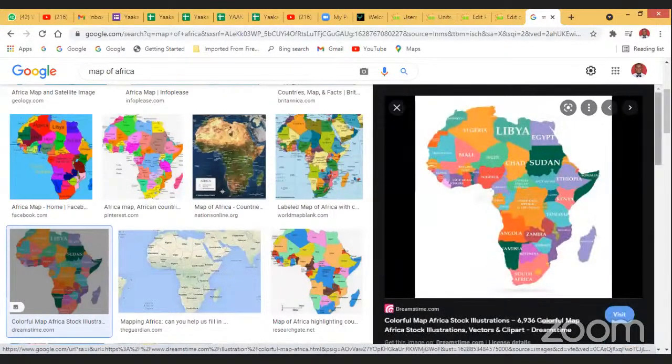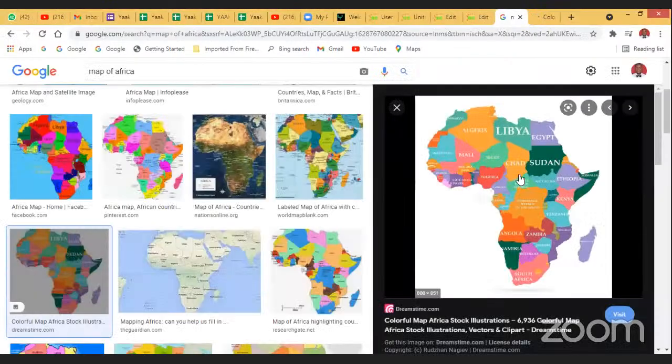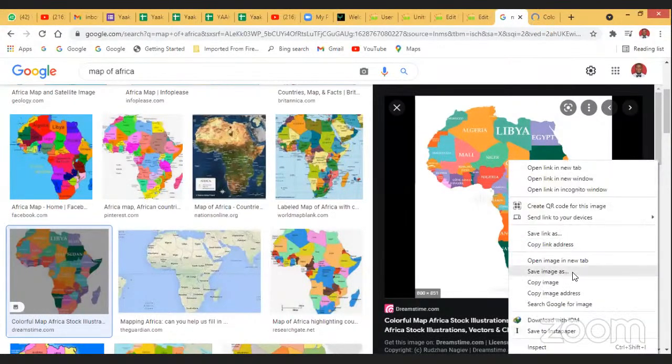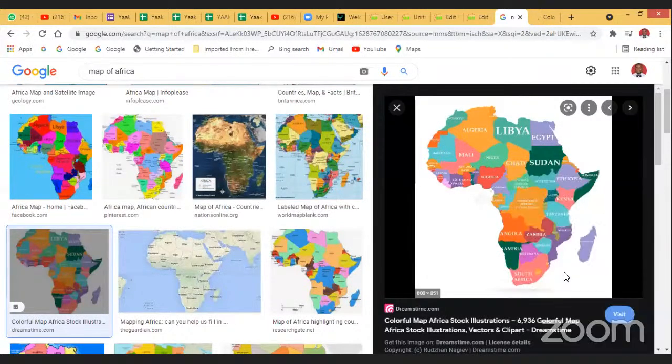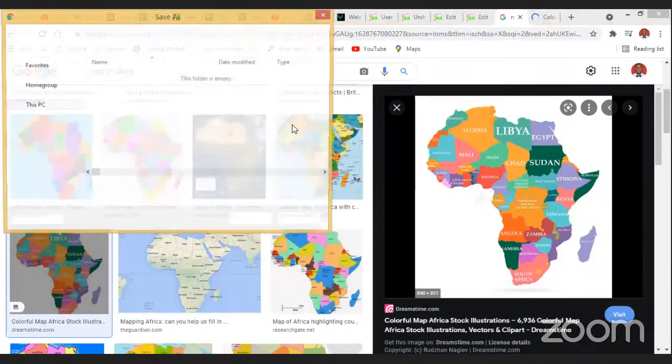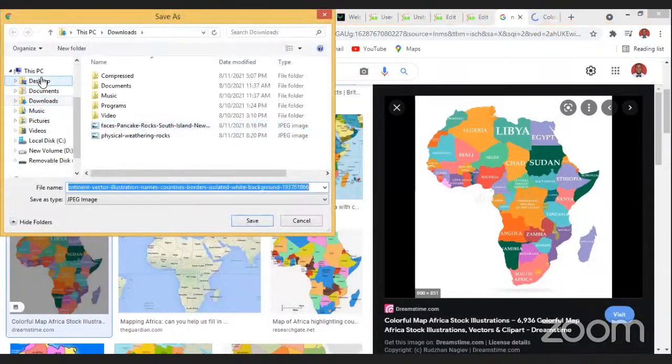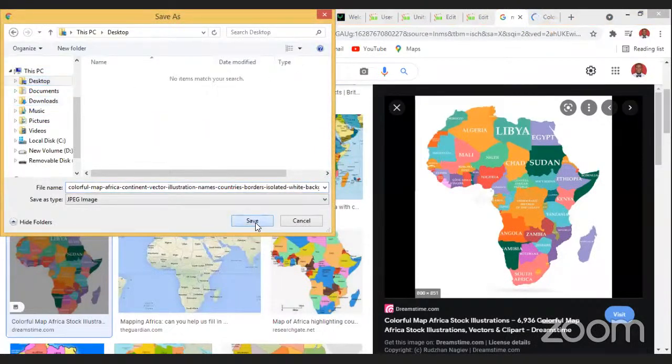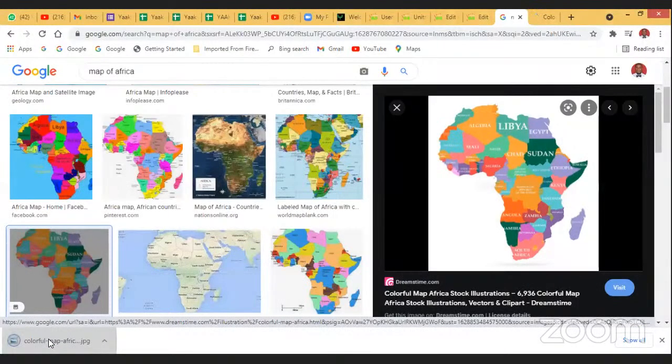Yes, members? Okay, I see, yes. So when you look at this map, actually, let me first save it and then I open it so that we can get a clear map. I'm trying to show that map.